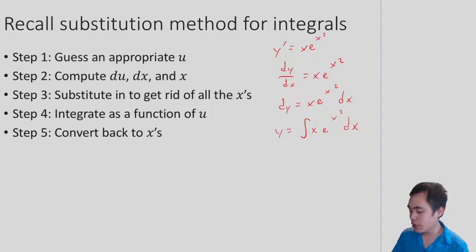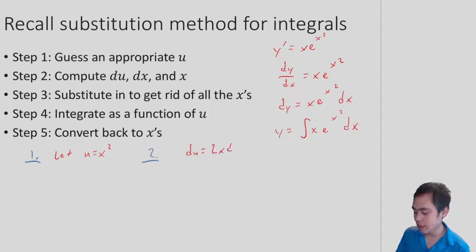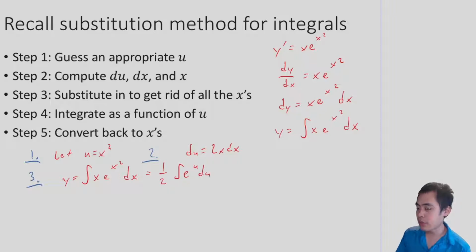Now, as you all know, since you have done this quite a few times now, the first thing you do is let u be equal to, let's say, x squared. That's our guess. Then you compute du/dx, so du is equal to 2x dx. You plug that in, and you get y is equal to the integral of x e to the x squared dx, which is equal to 1/2 integral of e to the u du.